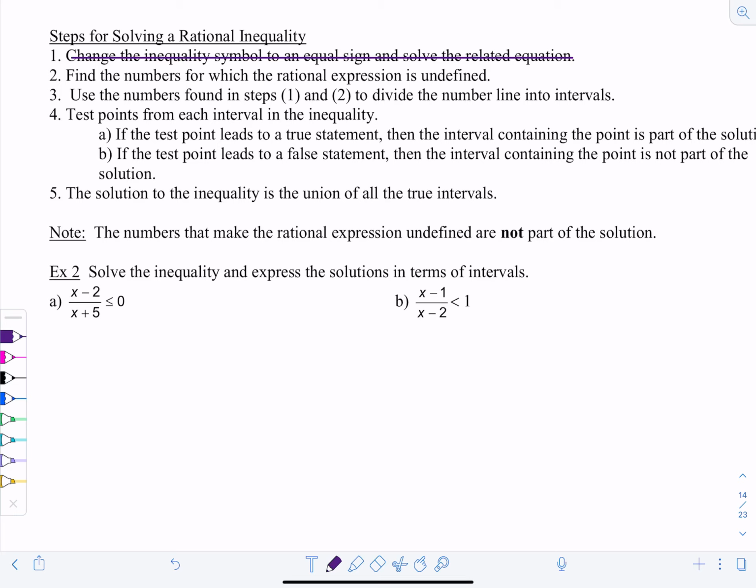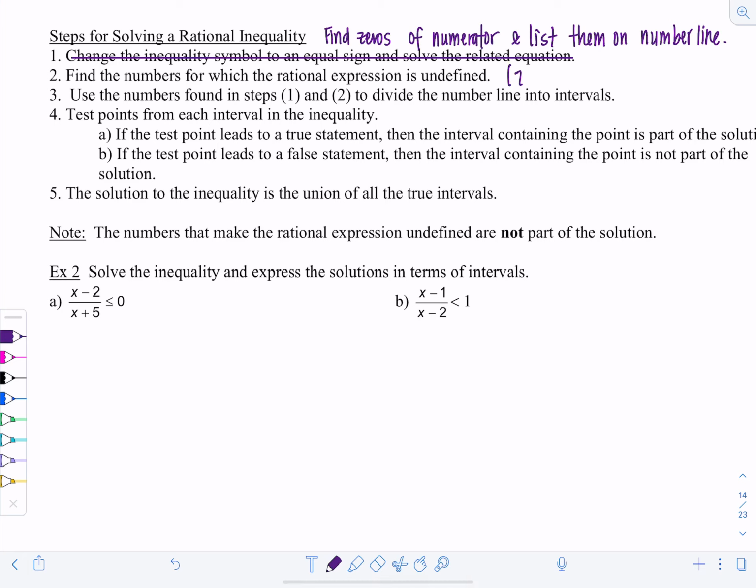Find the numbers for which the rational expression is undefined. Yeah, that's important. I would say for the first step, find the zeros of the numerator and list them on the number line. Find the numbers for which the rational expression is undefined.